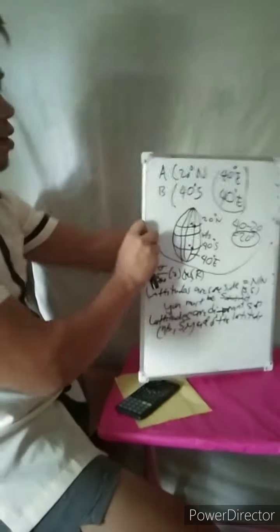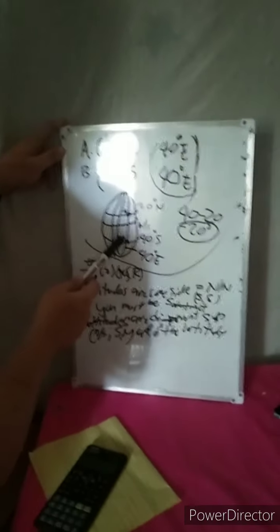So meaning to say, sa ilang nga distance dire from point A to point B may 2,223.54 ang ila nga distance nga duha.